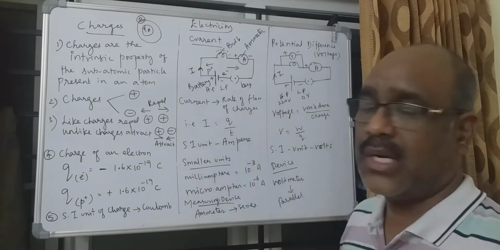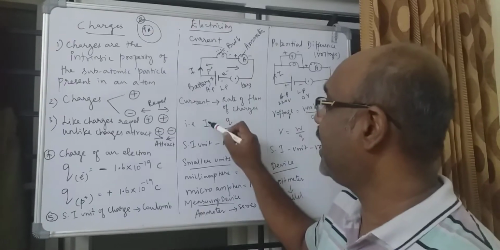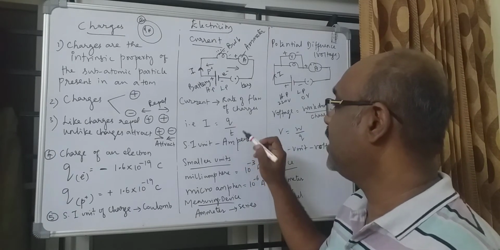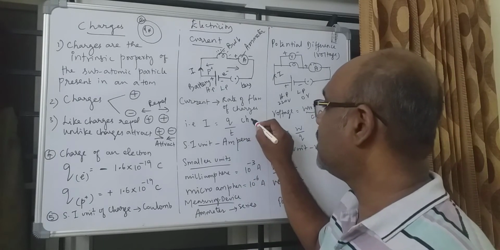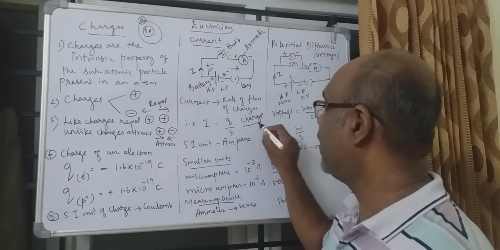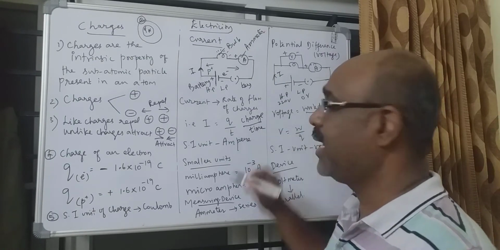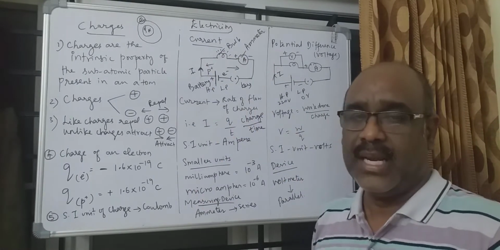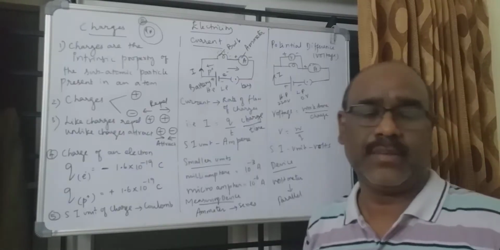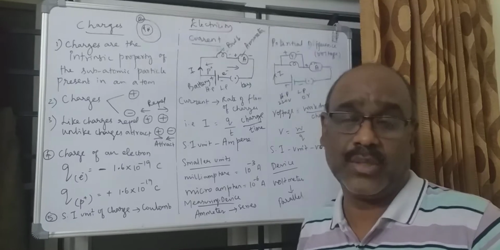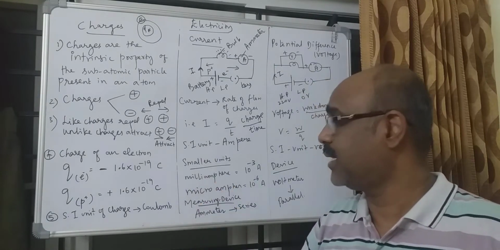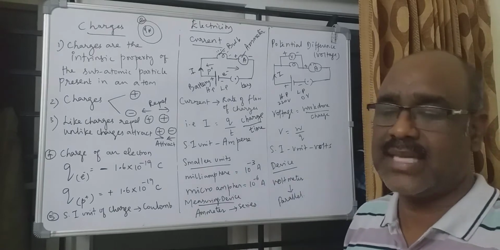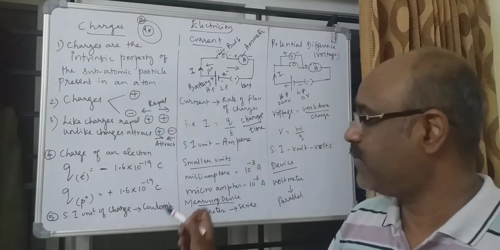That is, current I is given by the formula I = Q/T, the charge divided by the time taken for moving from one end to the other end. The SI unit of current is ampere, whereas the SI unit of charge is coulomb.